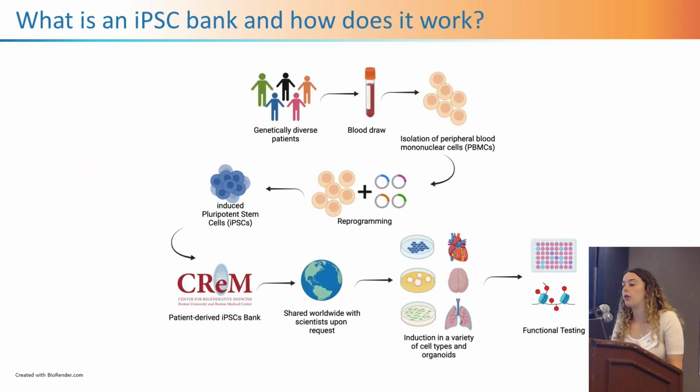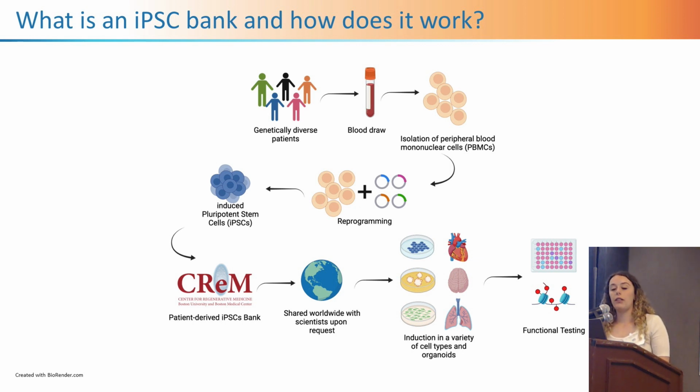And so what this looks like for an iPSC bank, like I mentioned before, we can take the blood samples from multiple different patients, isolate the PBMCs, put them through the process of reprogramming to have the iPSC lines. And when we do this for multiple different samples, we can then store them at the iPSC bank.